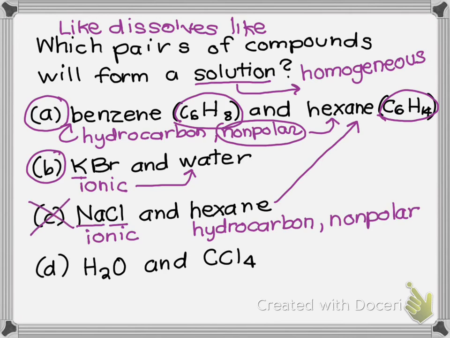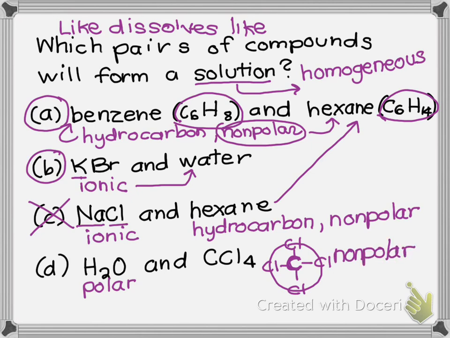And letter D, there's water. Well, right away I've memorized that water is polar. And now this is carbon tetrachloride. I try to think back, and that's carbon with 4 chlorines around it. Well, I remember in polarity of small molecules, if all the outside atoms are the same element, then it's nonpolar.